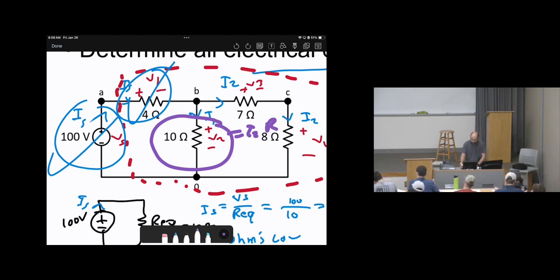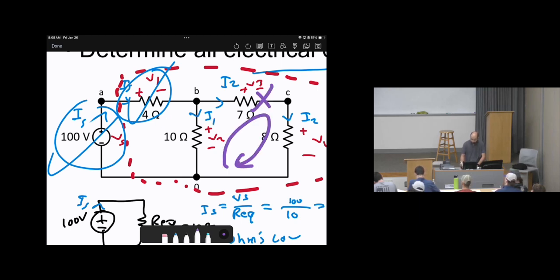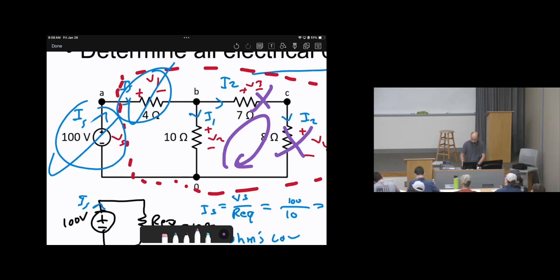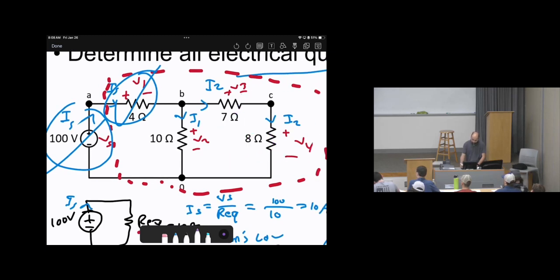So I don't think Ohm's law is a good idea. How about KVL? If we apply KVL at this loop, V3 is unknown, V4 is unknown. So how about the other loop? KVL here. We know V source, we know V1, then V2 is the only unknown, right? That's the way that we think.